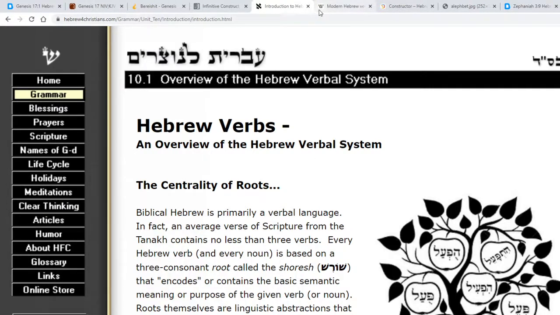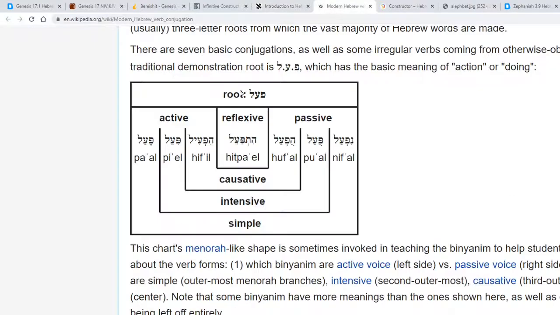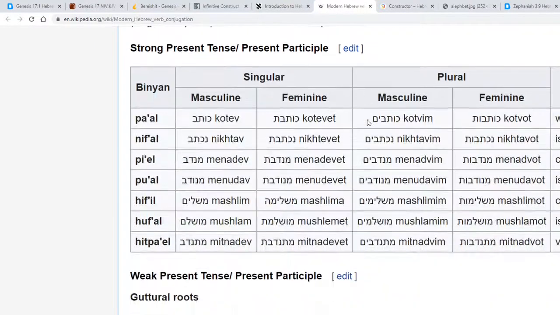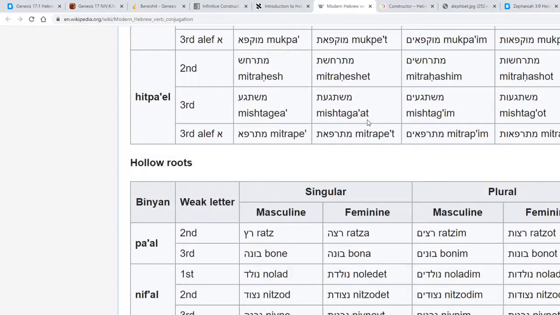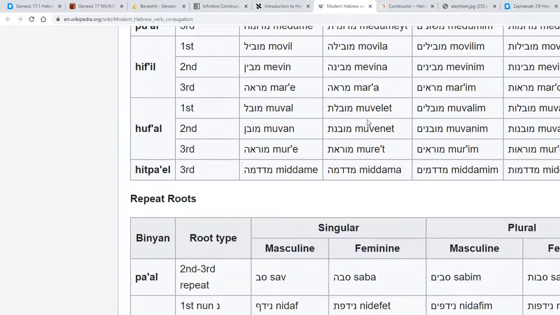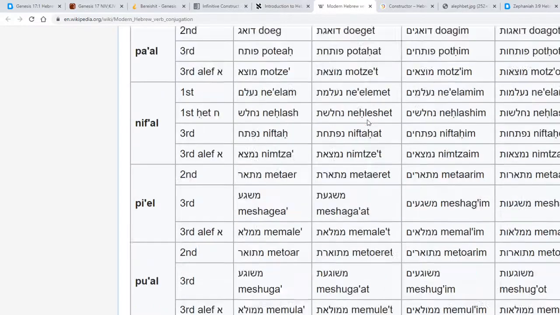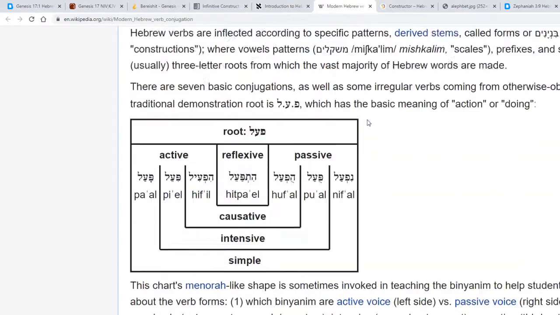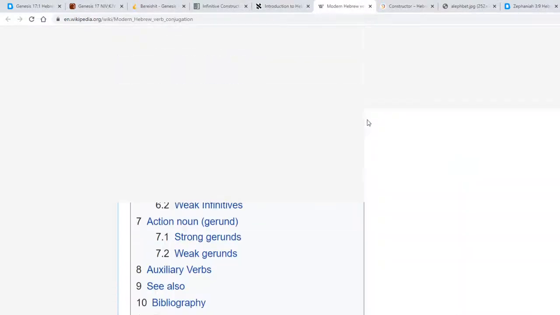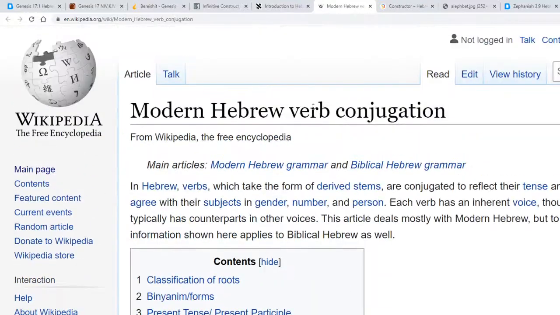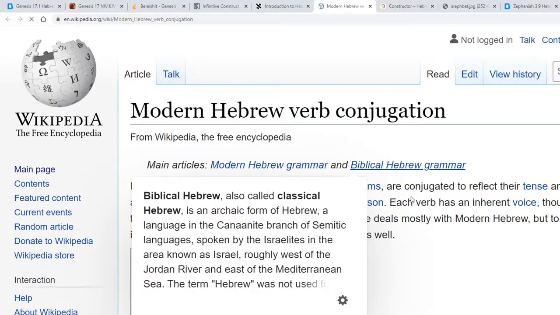Obviously you can use Wikipedia. It does do a lot of explanations, but Wikipedia is mostly talking about modern Hebrew. It's not talking as much about biblical Hebrew. Of course, there's also biblical Hebrew grammar you can look at.